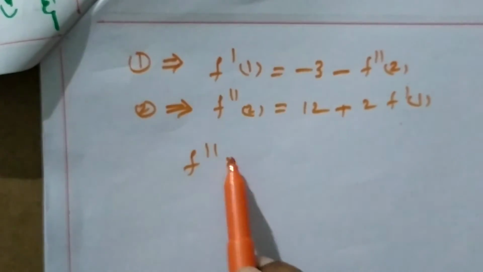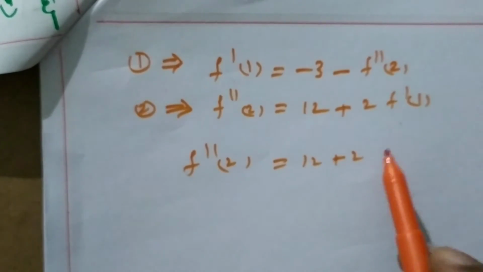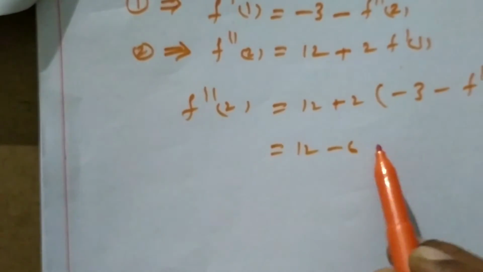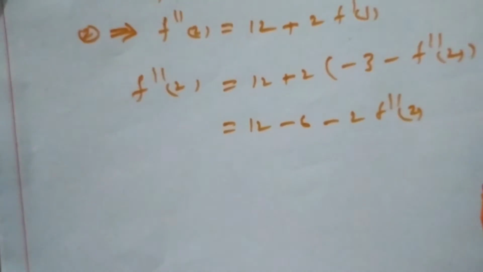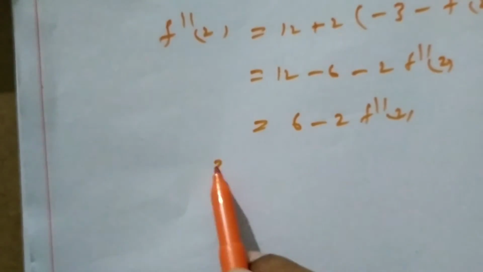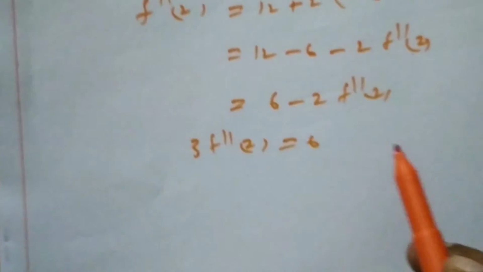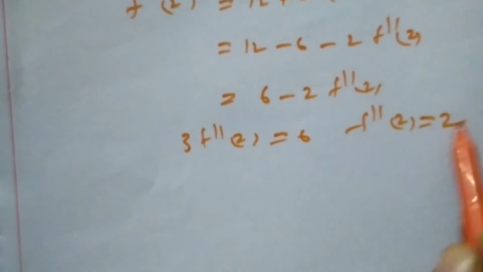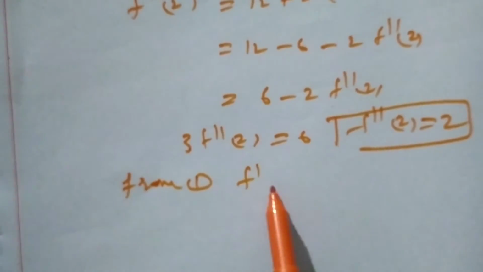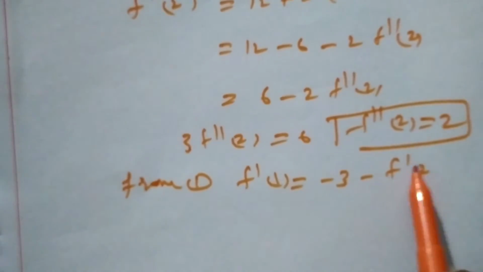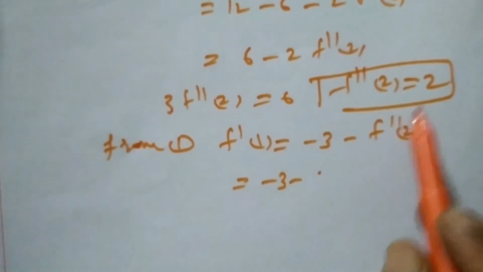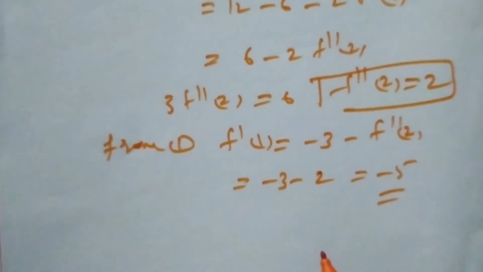So f''(2) = 12 + 2(-3 - f''(2)). So we get 12 - 6 - 2 f''(2), which is 6 - 2 f''(2). This implies 3 f''(2) = 6, so f''(2) = 2. From equation 1, f'(1) = -3 - f''(2), and f''(2) is already 2, so f'(1) is equal to -5.